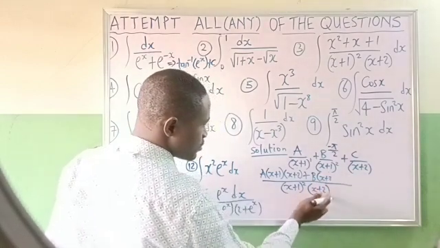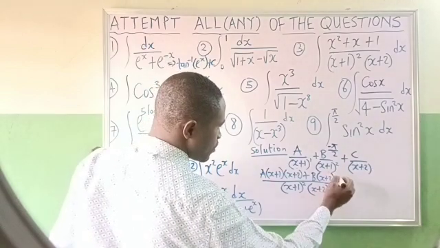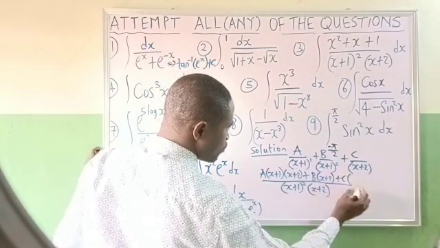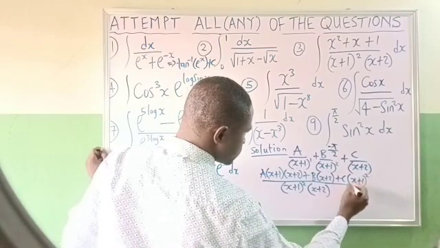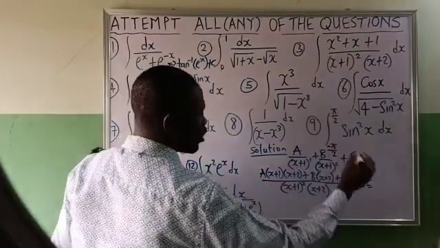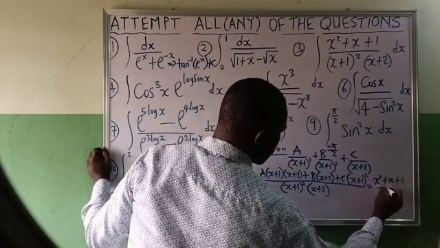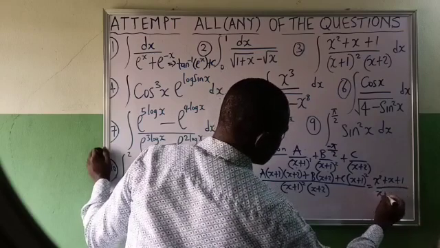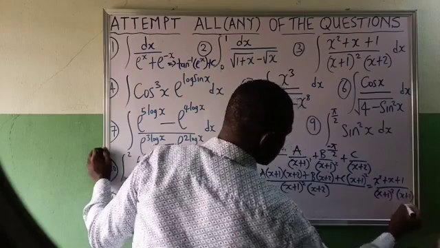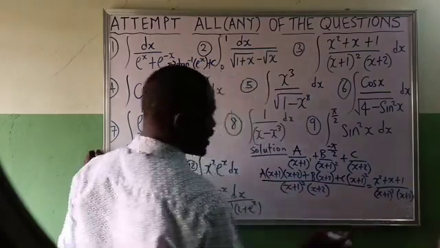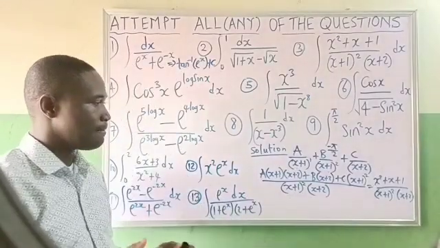Then this one divided by this, it will remain C bracket x plus 1 all squared. It is equal to x squared plus x plus 1 all over x plus 1 all squared bracket x plus 2. This expression is the same thing as this.